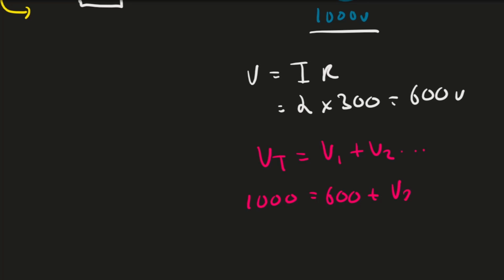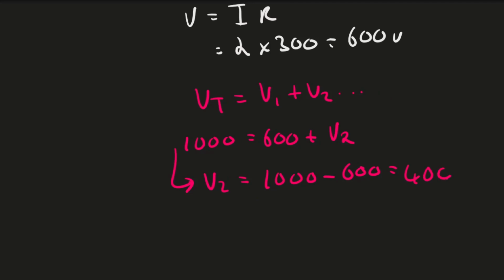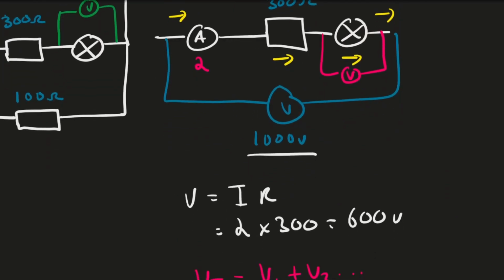We'll call that V2. And guys, I'm using voltage and potential difference interchangeably. In your exam, they will always use potential difference, but you'll get credit for using voltage as well. So V2 is just 1000 minus 600, and hopefully everyone got that V2 is 400 volts. So the lamp has a voltage of 400 volts. Hopefully that was useful, and I'll see you in the next one.